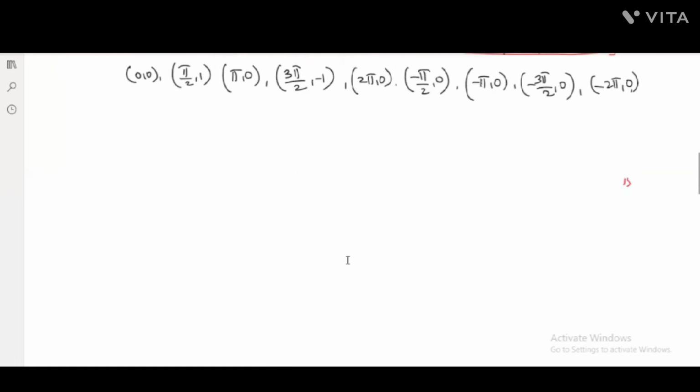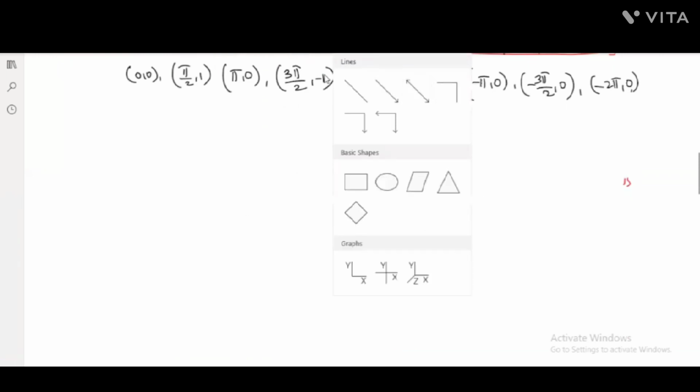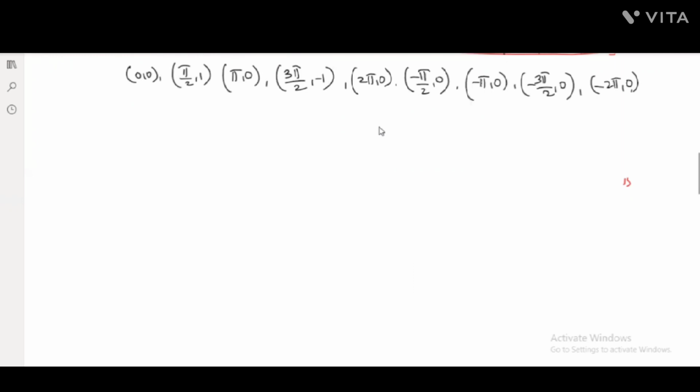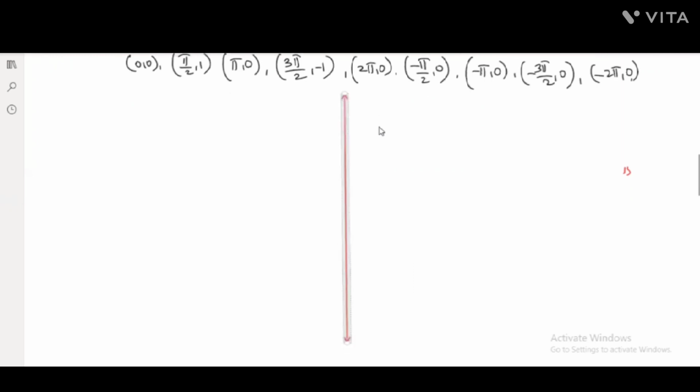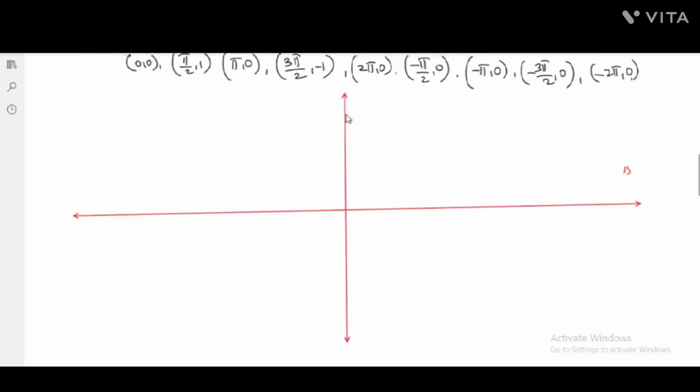Let's draw the graph for this. Let's take the x-axis and y-axis, XOX' and YOY'. On the x-axis, I took each 90 degrees: 0, pi by 2, pi, 3 pi by 2, 2 pi, and so on.